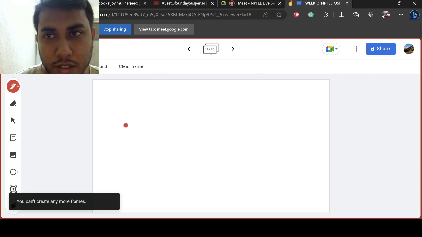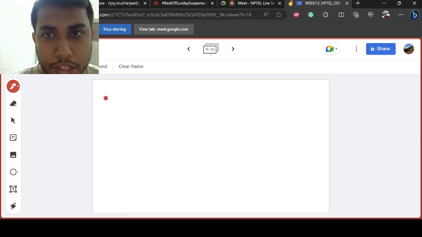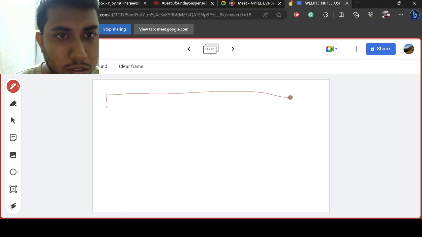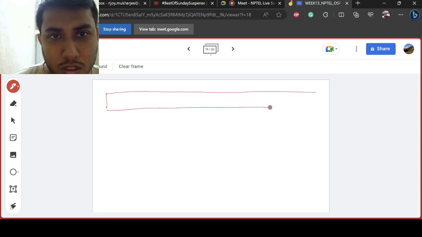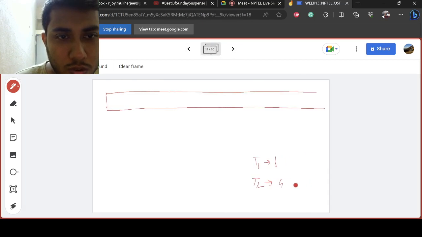Okay, so let's do the Gantt chart. Initially you have this. T1 is 1, T2 is 2, sorry, and T3 is 4.